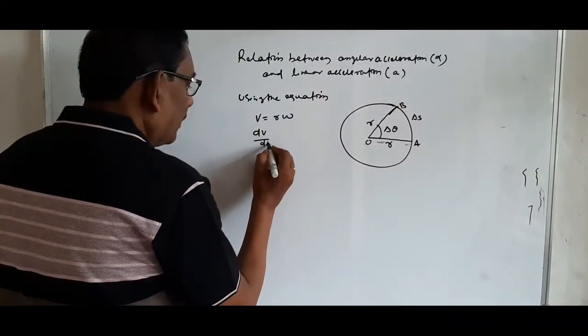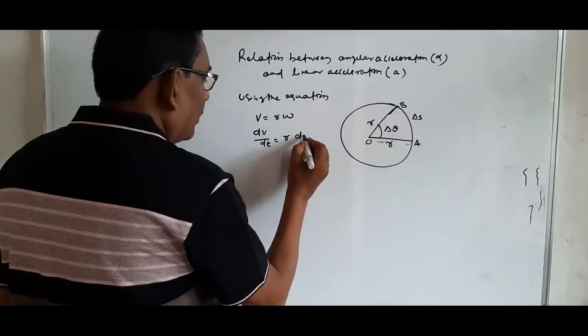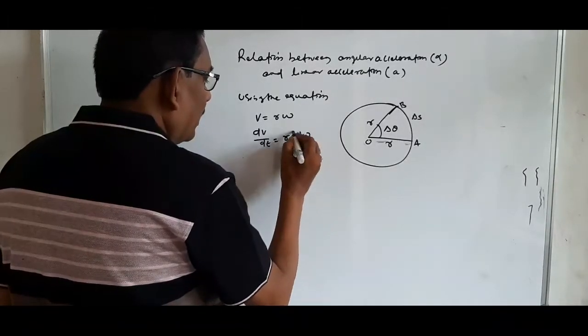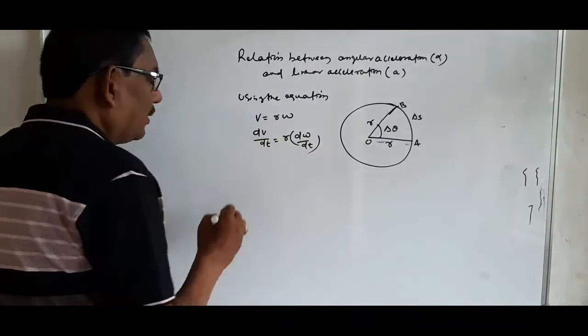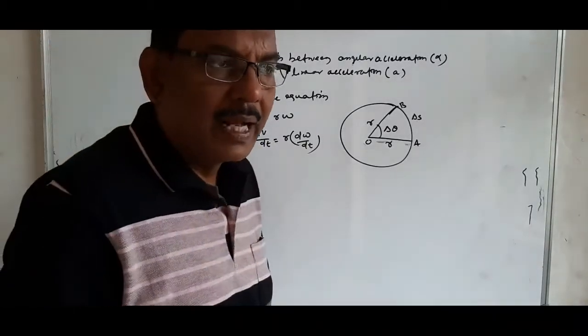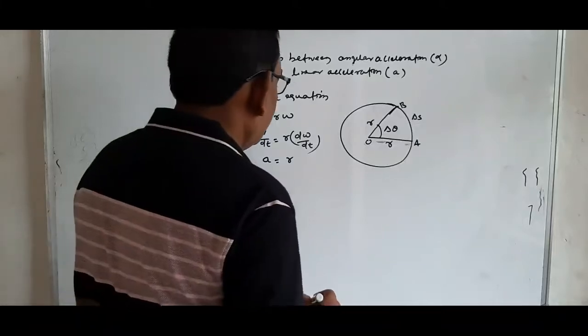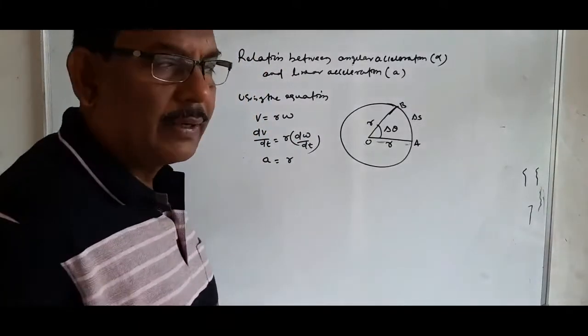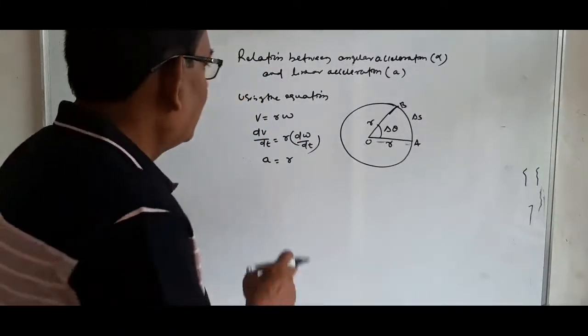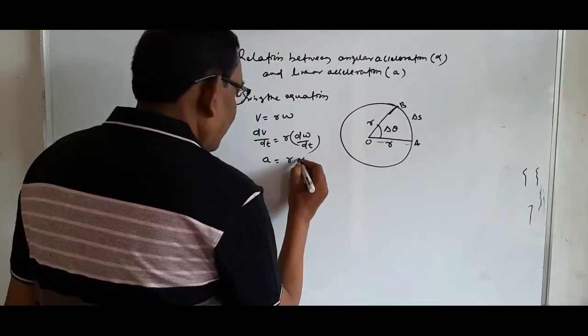dV by dt, it is your d omega by dt R. Clear? dV by dt, you know that the rate of change of velocity gives you acceleration, and the rate of change of angular velocity gives you angular acceleration. That is your alpha.